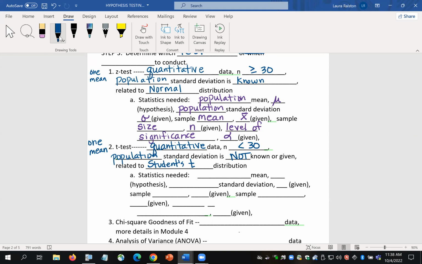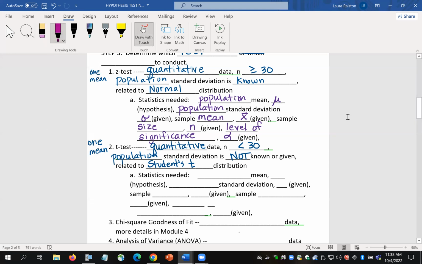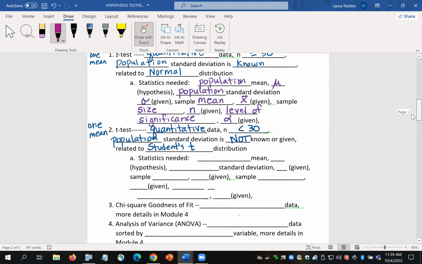Again, we typically had a sample less than 30, or we knew the distribution was normally distributed, but we were given the sample standard deviation instead of the population. And again, student's t was initially established or created to deal with those smaller samples. So it's kind of that same idea if you want to make that connection back to z interval and t interval.